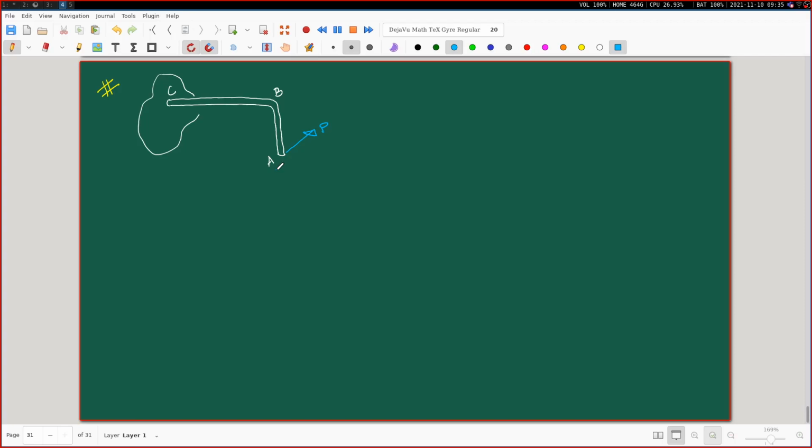So torsion at P is happening due to the force P. Because of the application of this force P, this segment BC of the rod is being subjected to some kind of torsion, because there is a twisting action associated with this force P, because you see there is a torque arm here.